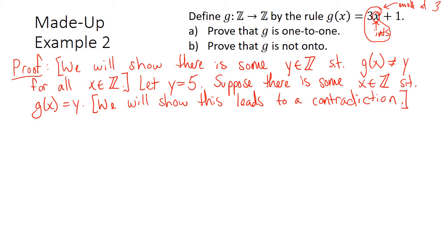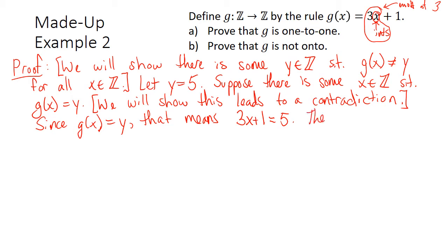Okay, so suppose that g of x equals y. Then since g of x equals y, that means, so just plug in what g of x is, so 3x plus 1, and then plug in what y is, equals 5. Okay, and then just pursue this equation, simplify it until you get a contradiction.